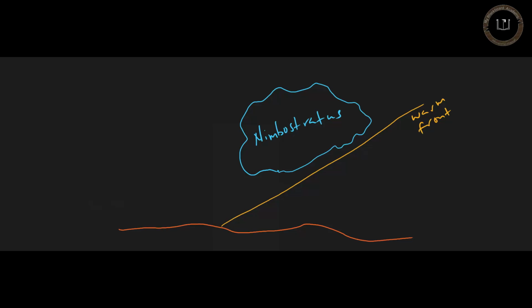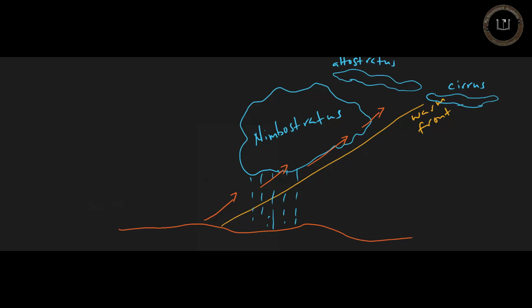Three cloud types are associated with the warm front: the high-level cirrus, the altostratus, and the nimbostratus. They form because the air does not rise much higher to form heavy clouds, since the slope is gentle. Soft rain will fall because of the gentle uplift.